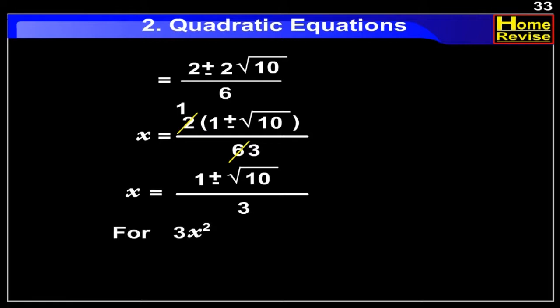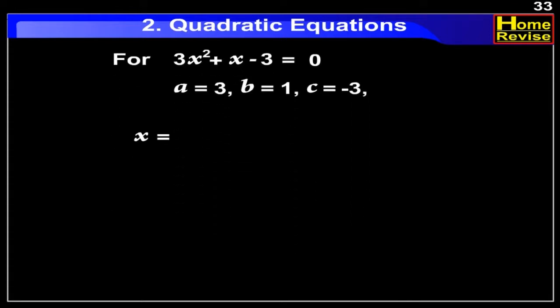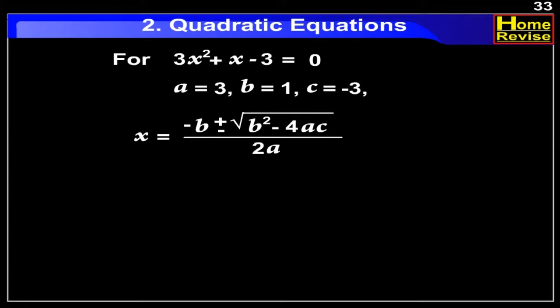Now, for equation 3x² plus x minus 3 is equal to 0, we have a is equal to 3, b is equal to 1 and c is equal to minus 3. By using formula, we have x is equal to (−b ± √(b² − 4ac)) / 2a.